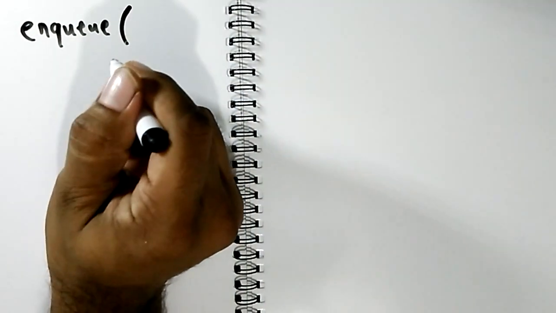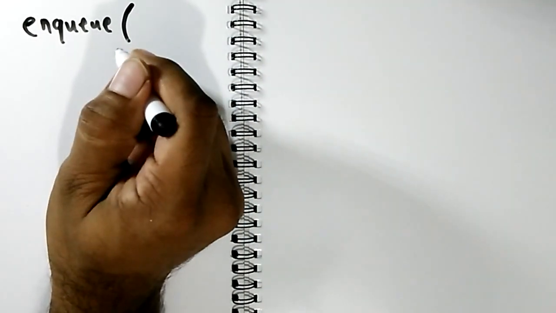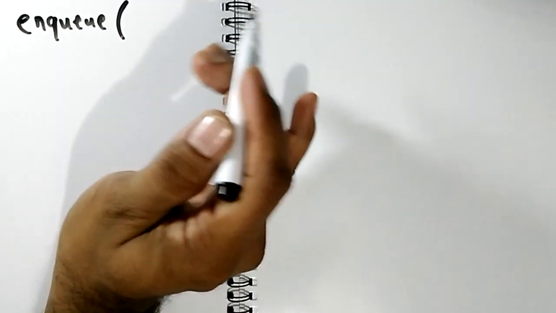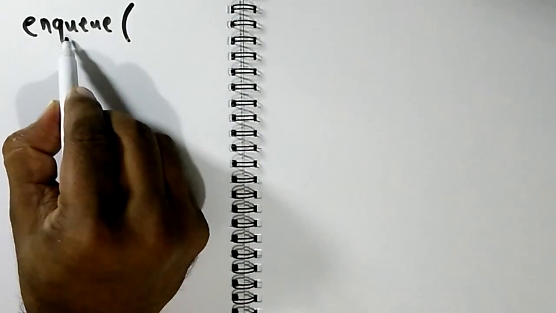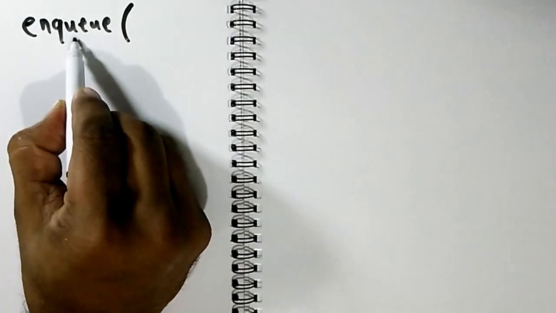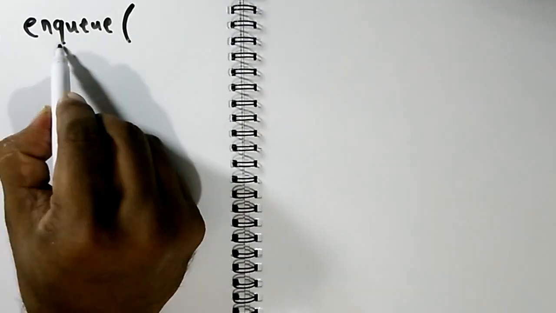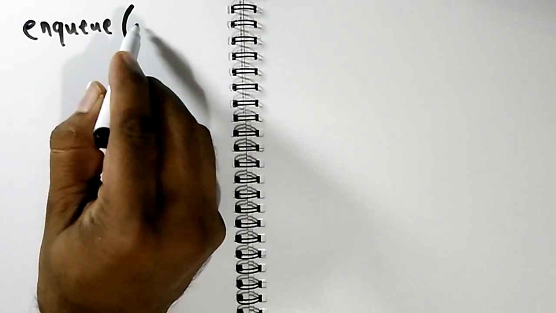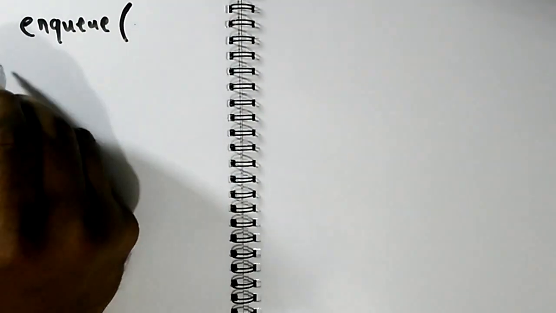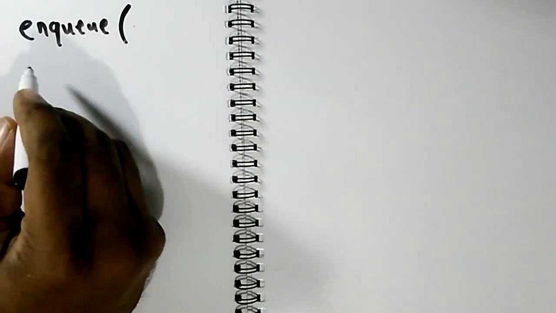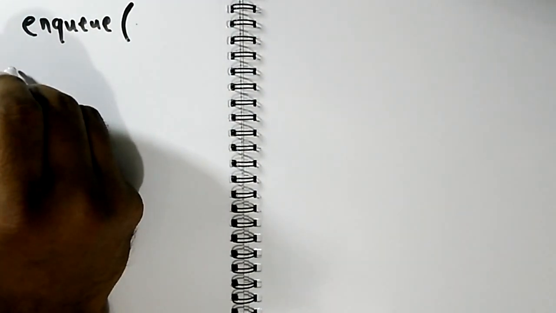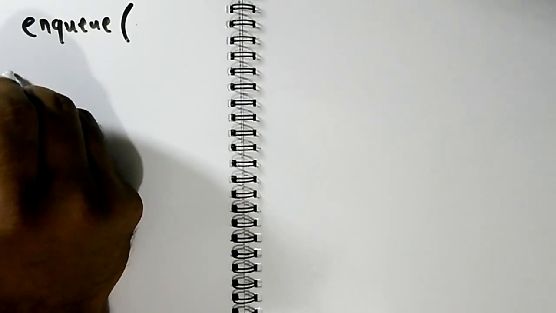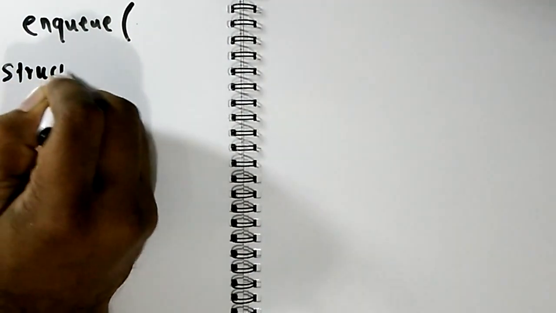It requires two things: the queue in which the value is to be inserted and the value which is to be inserted. So that means we need to pass the address of the queue in which the value is to be inserted. If we are passing the address of the queue, we need a pointer to store that address here. So the first parameter to this NQ is a pointer, right? The type of the pointer should be struct q because the type of the address which we are getting is struct q.